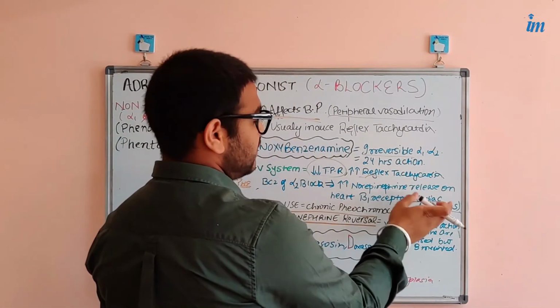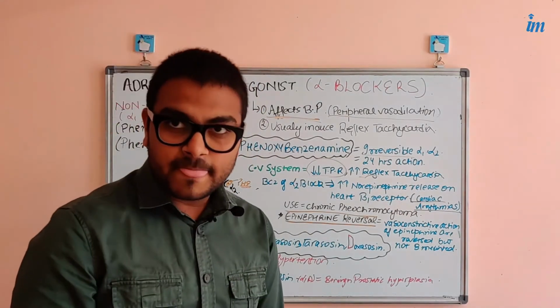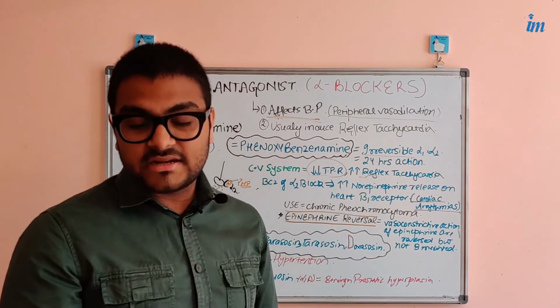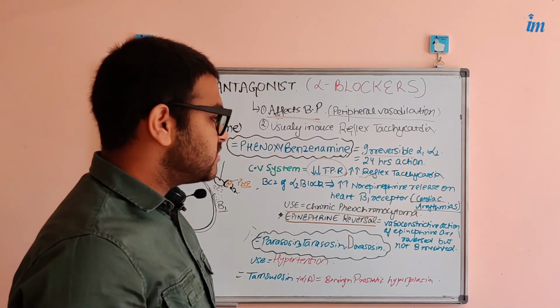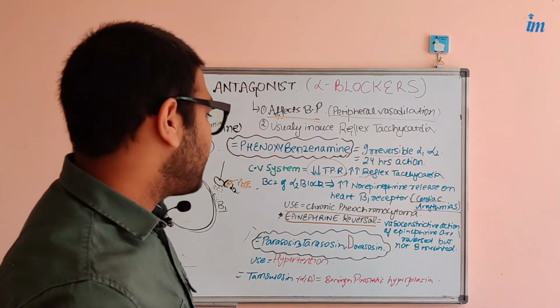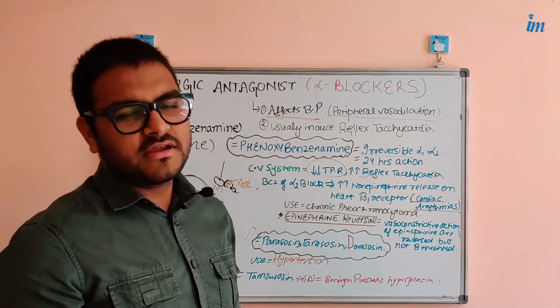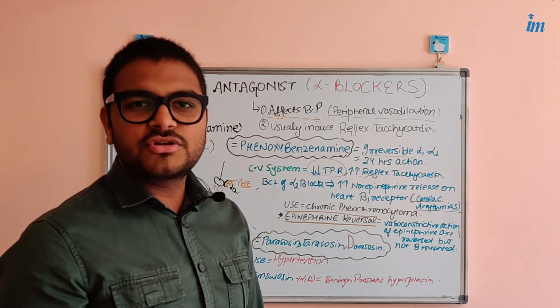So we see it has a lot of side effects also. That is why, because of the potential side effects phenoxybenzamine has, it is not very much used nowadays. It is just used for the treatment of chronic pheochromocytoma. What is pheochromocytoma? It is nothing but an adrenergic tumor.